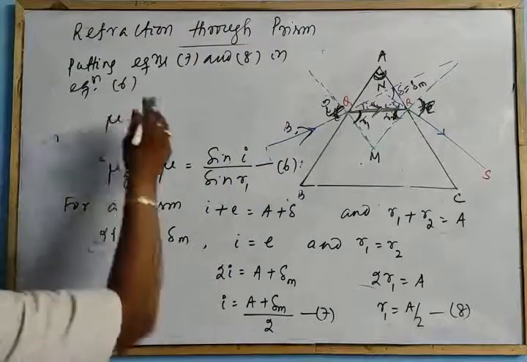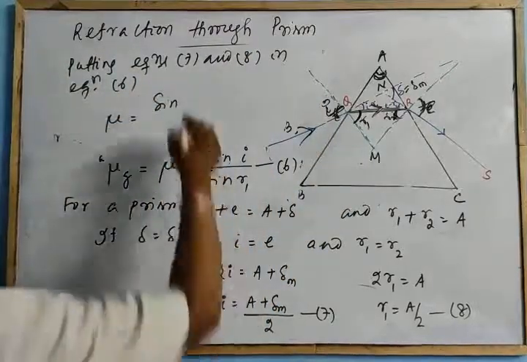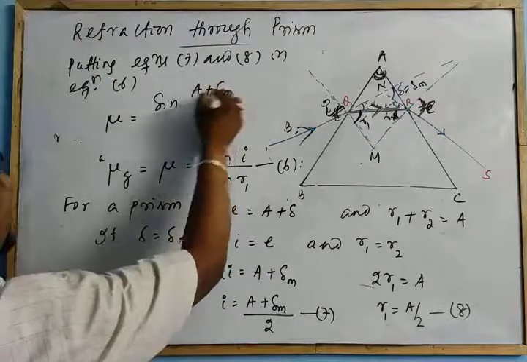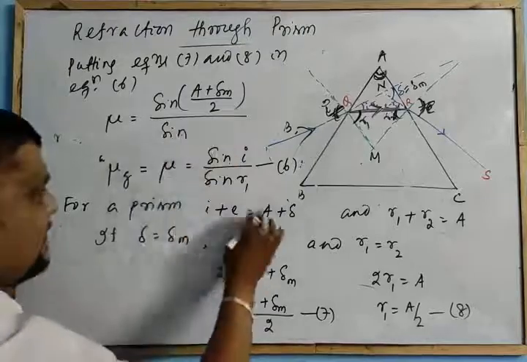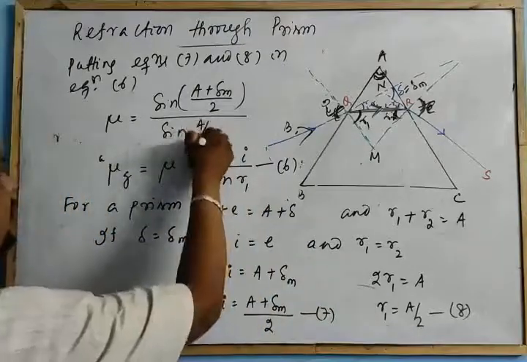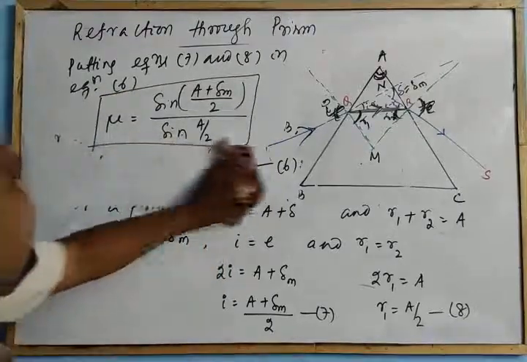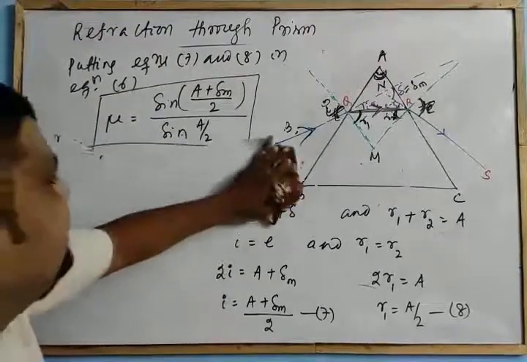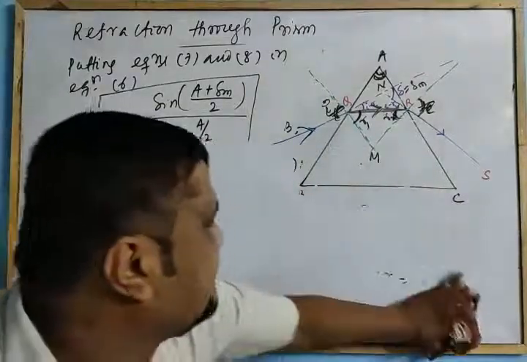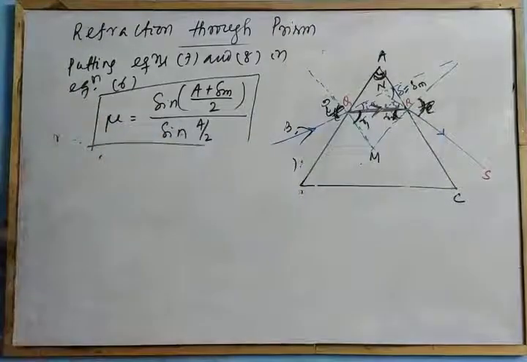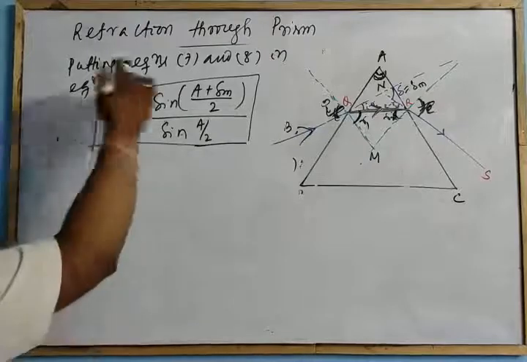The absolute refractive index of the material of the prism is equal to sin of I, which is (A plus delta M) by 2, divided by sin R1. What is this R1? A by 2. So this is the required formula for the refractive index of the material of the prism.